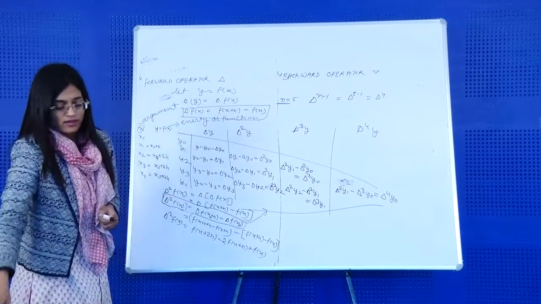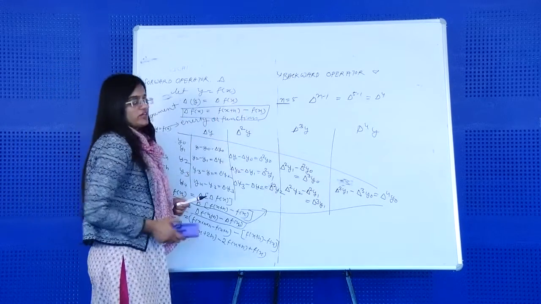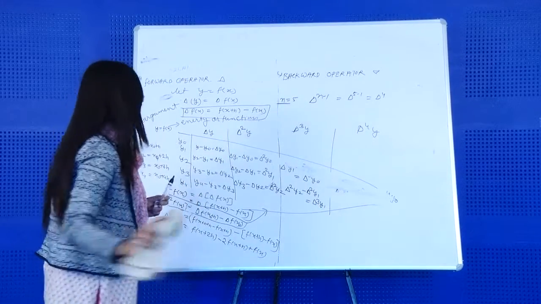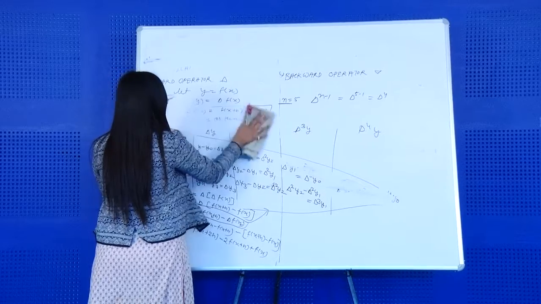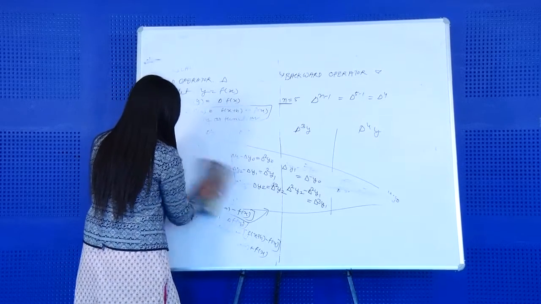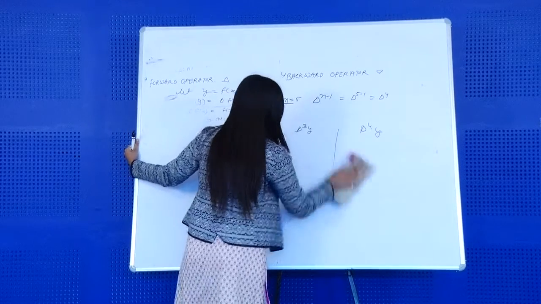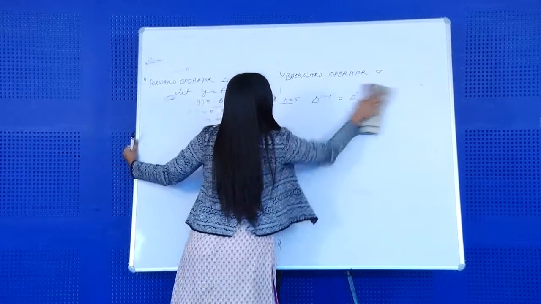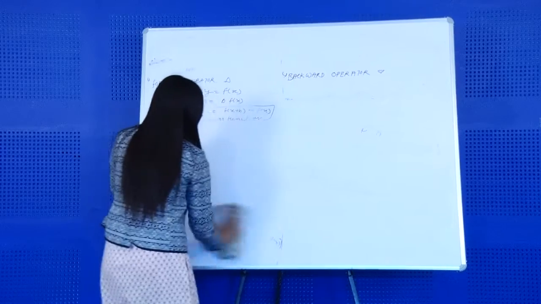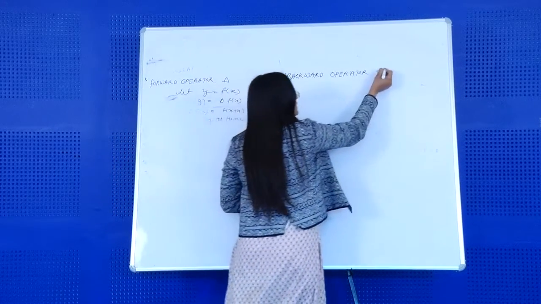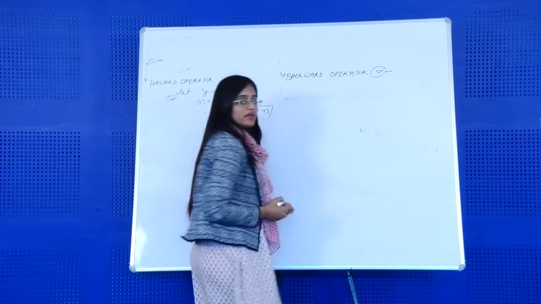Right? Now we come to the backward operator. For the backward operator, the definition, this symbol is known as nabla.